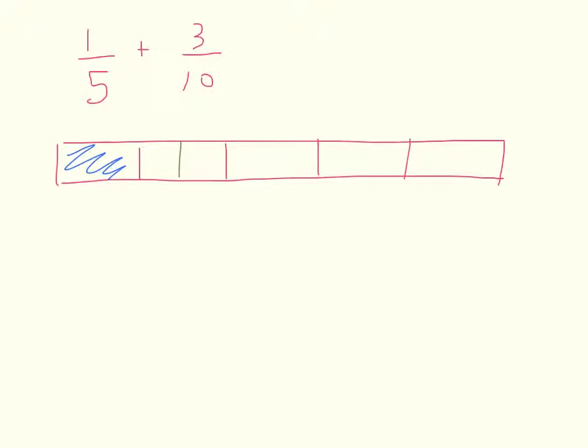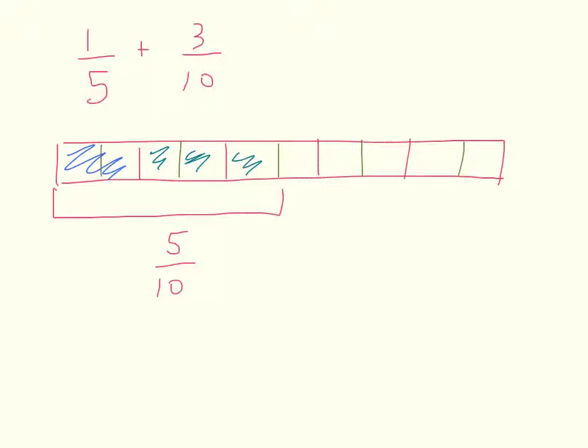So I'm going to just turn these into tenths instead. So now I have 3 more tenths, I should say. So let me fill in 3 of those sections, 1, 2, 3. So now this part is all taken care of. So you have 5/10 as our sum, which you already know, of course, is a half also.